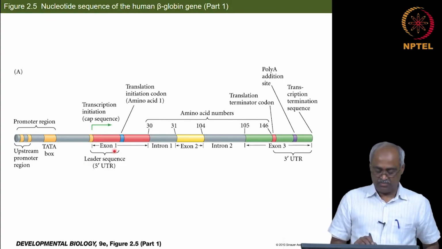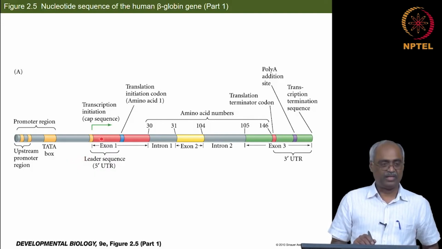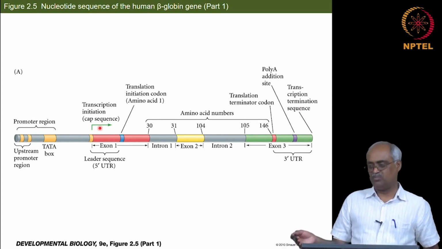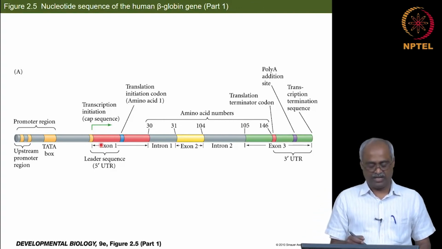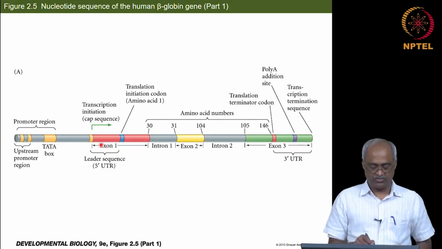In the 5 prime, similarly, before the ATG you have sequence, called the 5 prime untranslated region, that usually starts with the base called the transcription start site, and that is modified, like the 3 prime is modified with a poly A tail. This gets a 5 prime cap. It is a trimethyl G added to it.